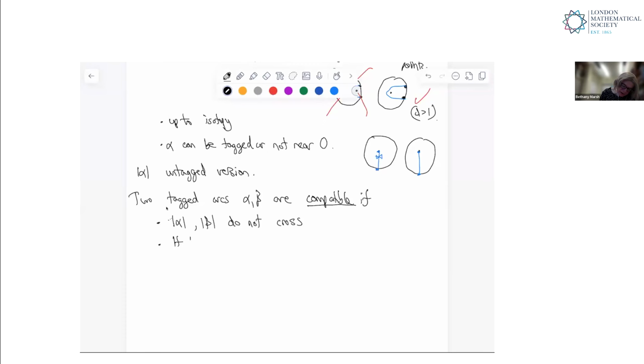If their untagged versions are distinct and alpha and beta are incident with O, so both incident with the cone point, they must be tagged in the same way at O.